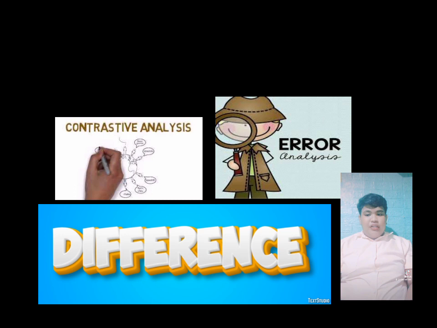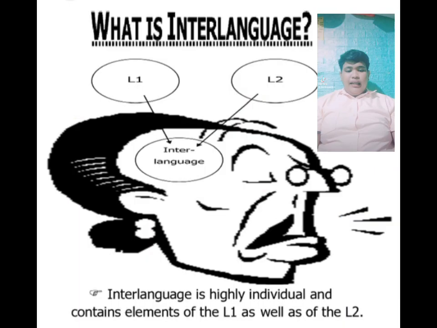Both approaches are useful in SLA research and can complement each other to provide a more comprehensive understanding of the language acquisition process. However, it is important to note that the distinction between the two approaches is not always clear-cut and that there is often overlap in their theoretical frameworks.